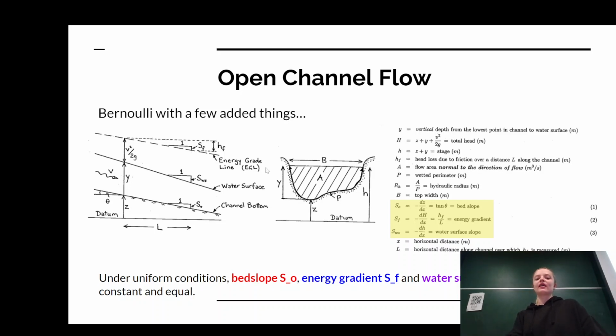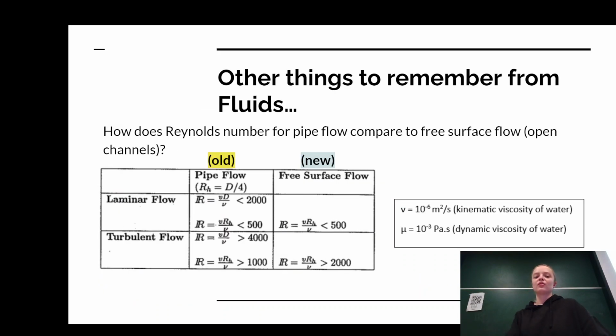And then we have our energy grade line, which you should be familiar with from fluids. One other thing to note is that under uniform conditions, bed slope, energy gradient, and water surface slope are constant and equal. If you keep that general diagram in mind when you're doing your questions, you should be right.